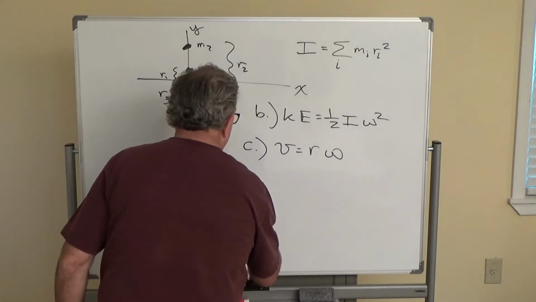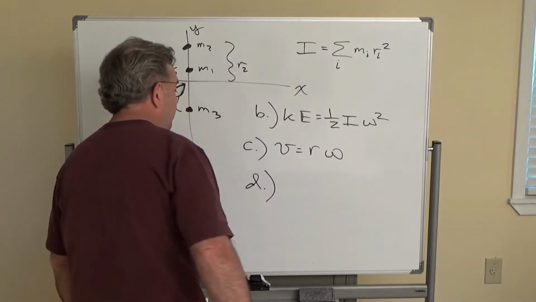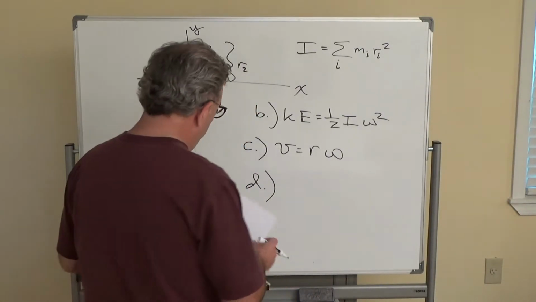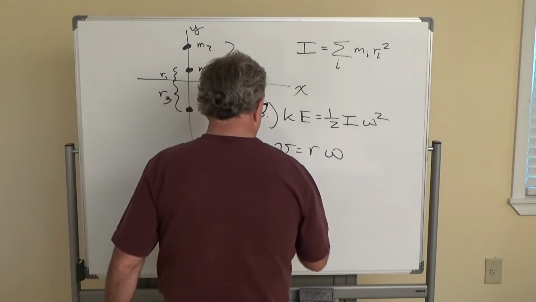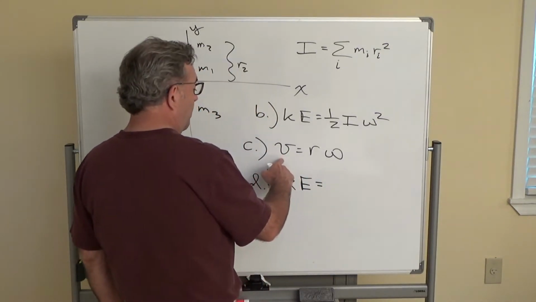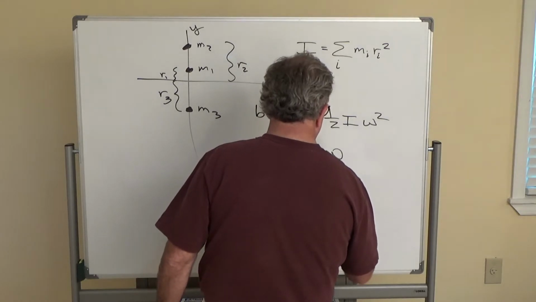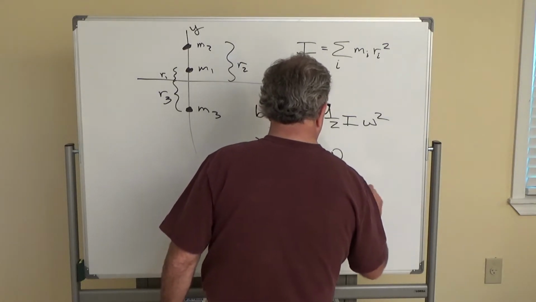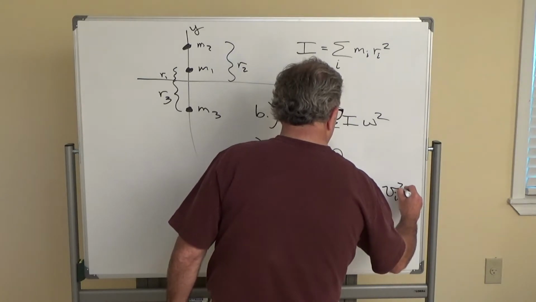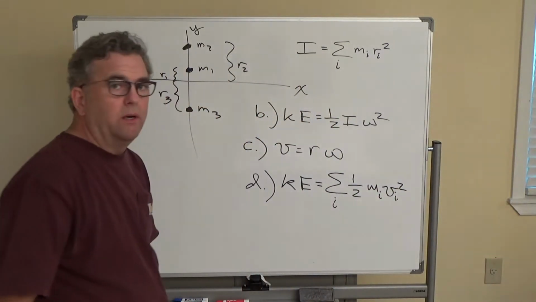In part D, kind of just a little exercise, you find the kinetic energy by summing up all of these little velocities squared.